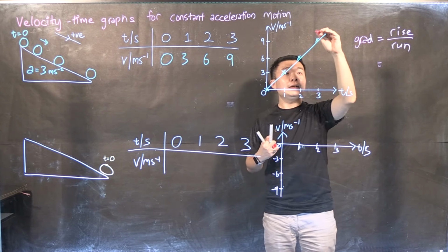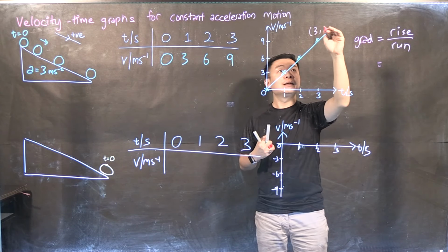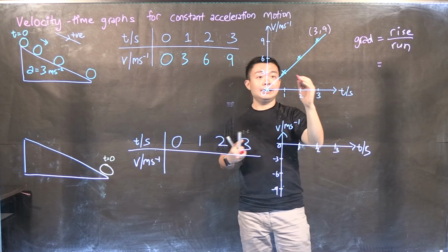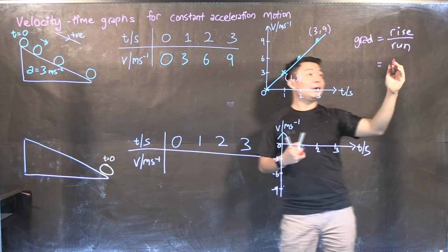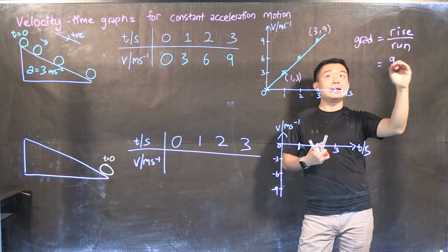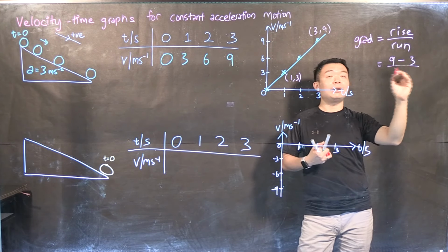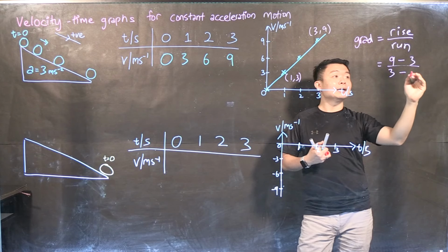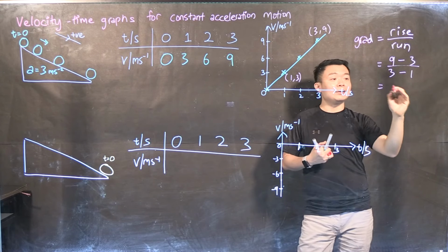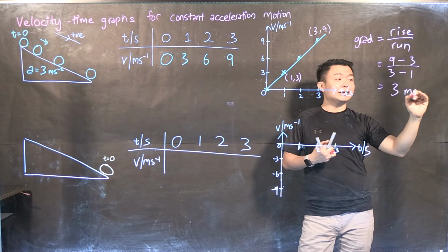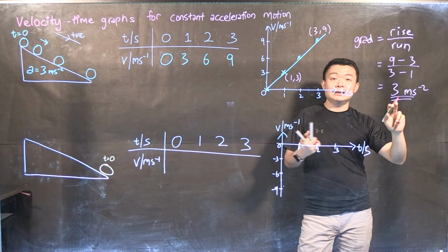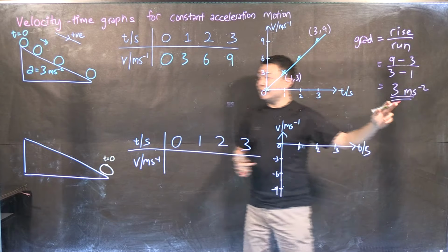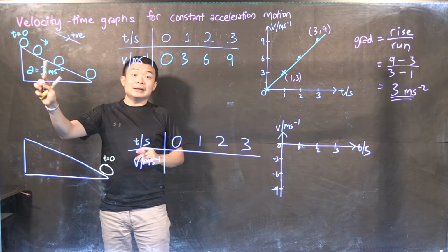Say I will take this coordinate of (3, 9), and this coordinate of (1, 3) to find the gradient. That will be 9 minus 3 divided by 3 minus 1, which will therefore get you 3 meters per second squared. As you can see, this way of finding acceleration from a VT graph tallies with the actual acceleration of the object.